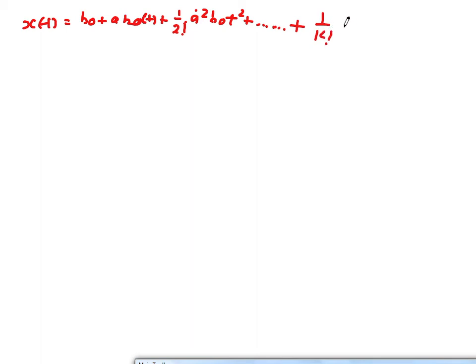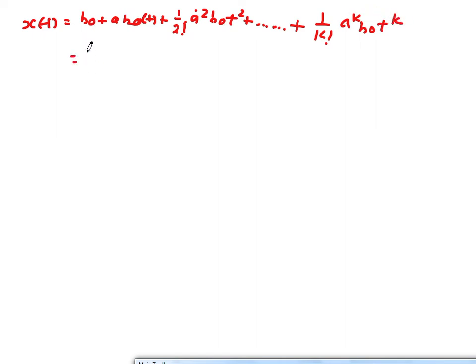X of t is equal to b0 plus a into b0 into t plus 1 by 2 factorial into t square into b0, up to the last value of k as well. So 1 upon k factorial a raised to k into b0 into t raised to k.